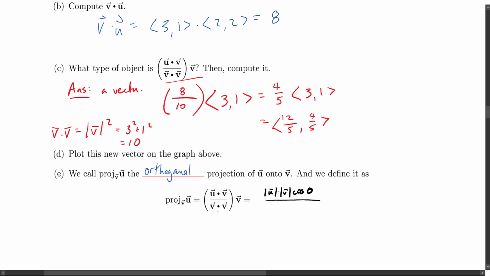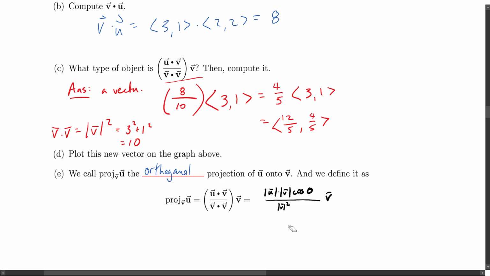And when we take vector v and dot it with itself, that gives us the magnitude of v squared, and then we've got all that times this vector v over here. So I've replaced this expression in parentheses, the scalar component, this way.